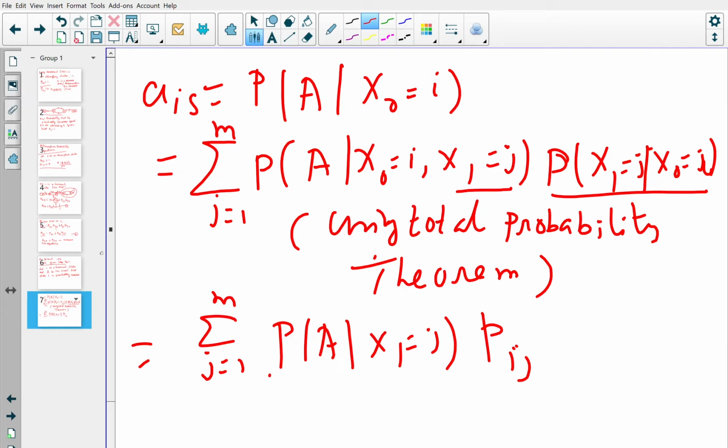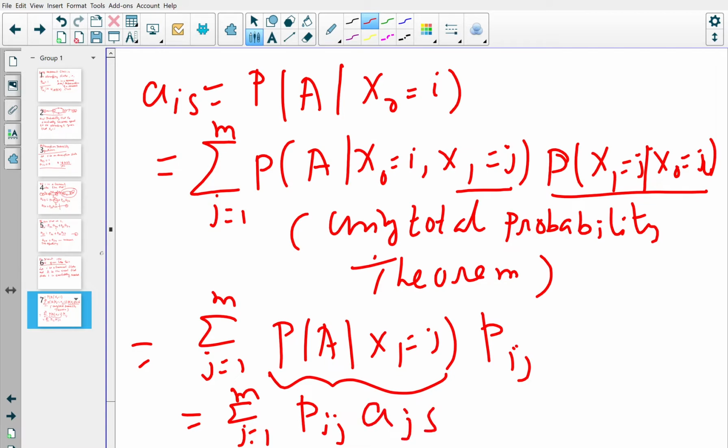But what is this? This tells you that you want to reach the state S such that you are at state j, and this is by definition AjS, right? So you can write down the sum over j equal to 1 to m of Pij times AjS. Clear?